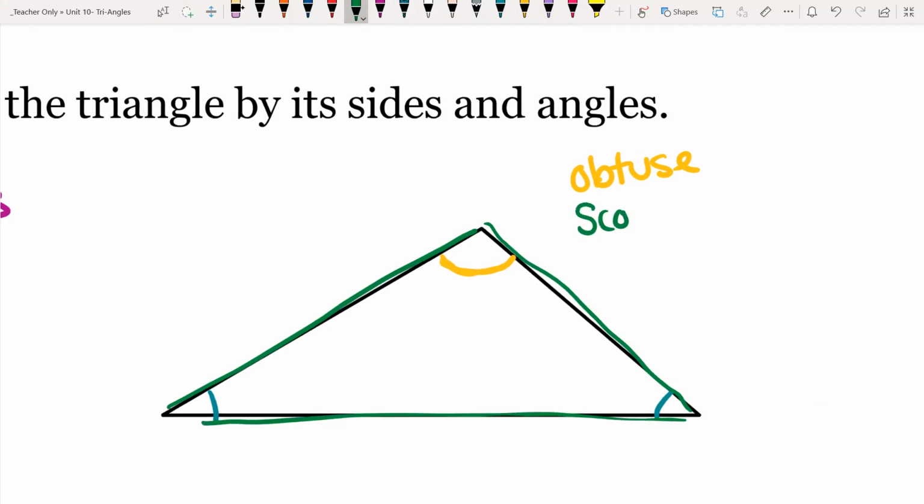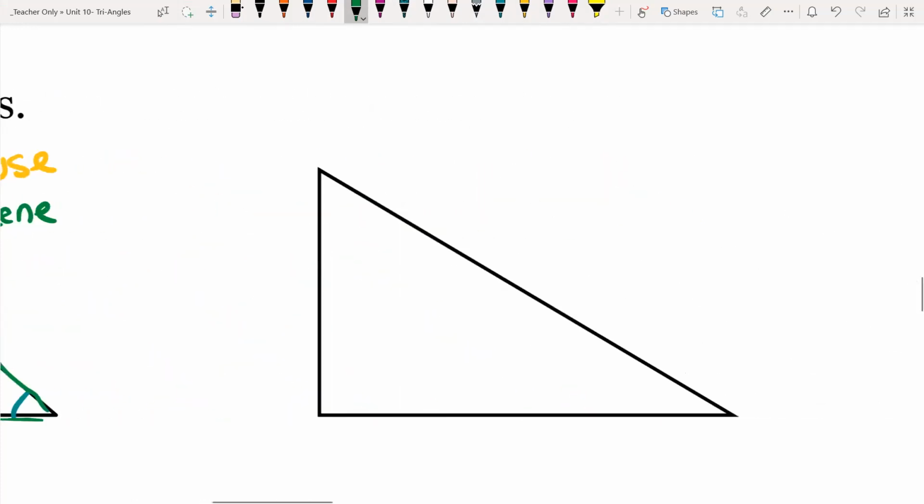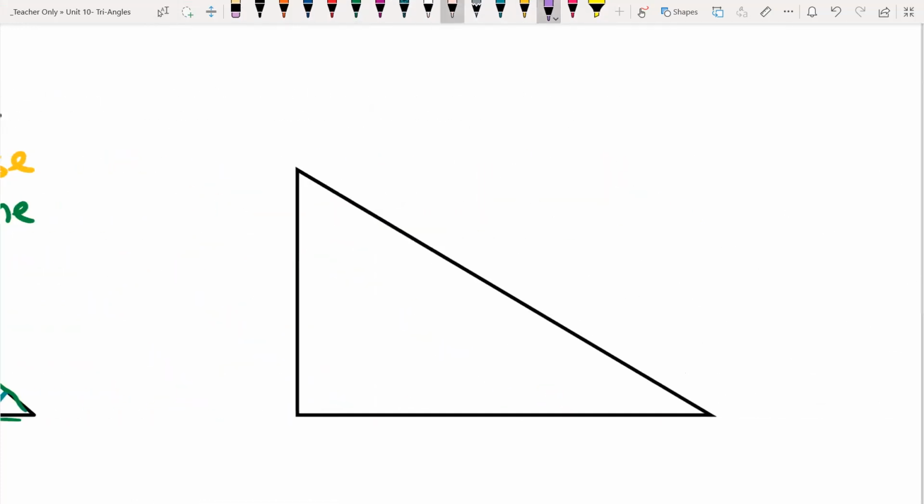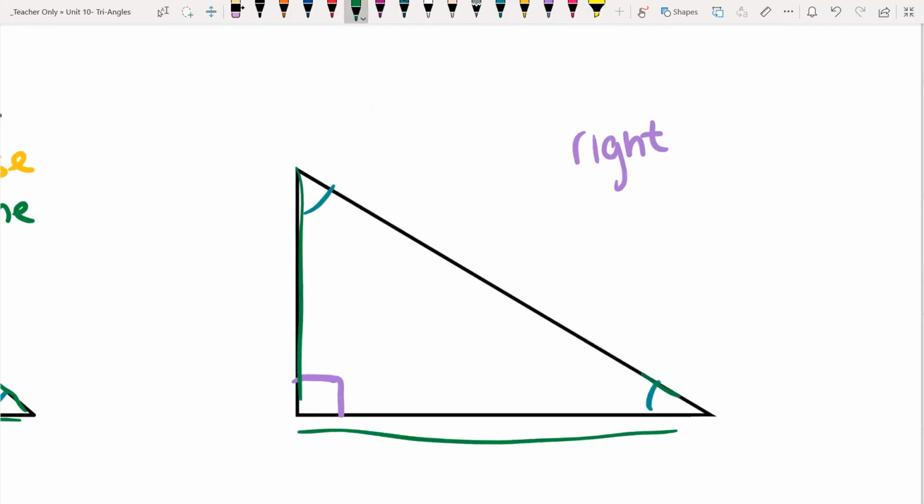So it's going to be a scalene because not all of them are the same. Very last one. This is an acute angle, acute angle. This is a right angle. So it's a right triangle. And then again, looking at these sides, they're all different lengths. So it's going to be a scalene.